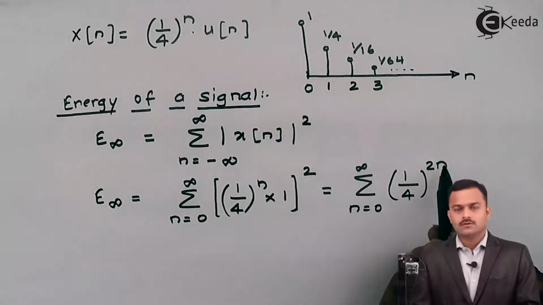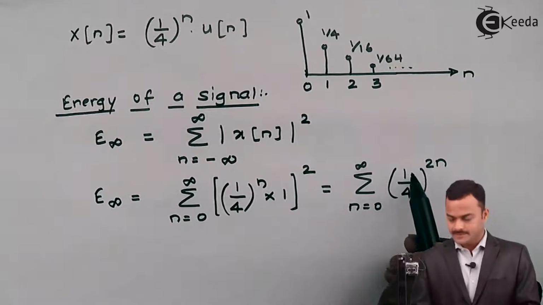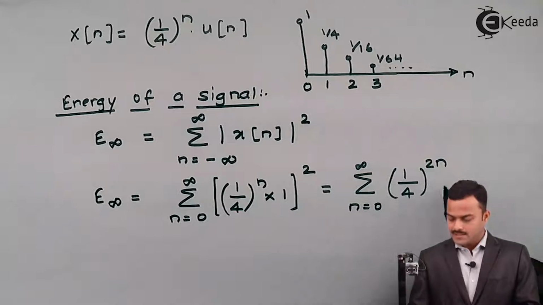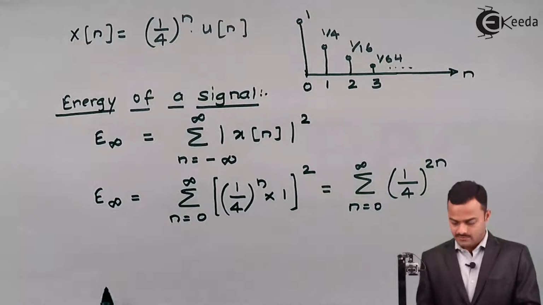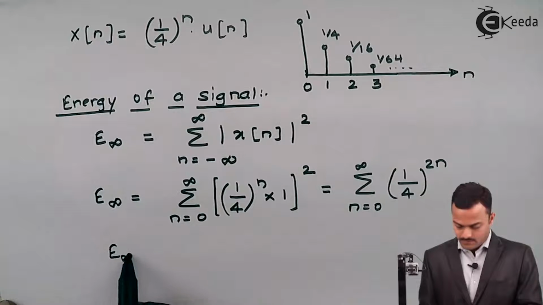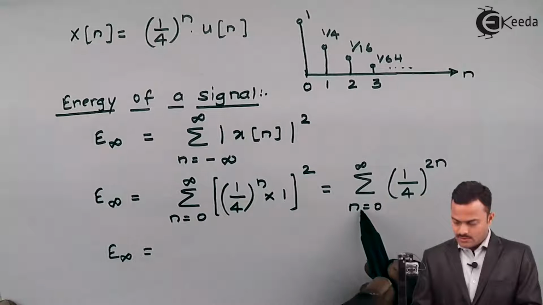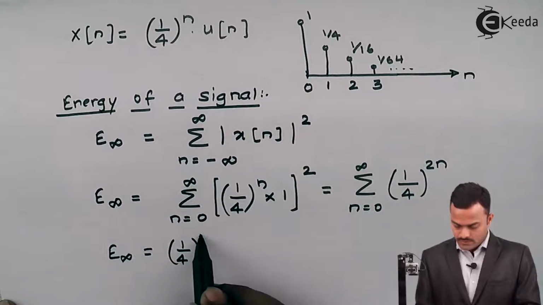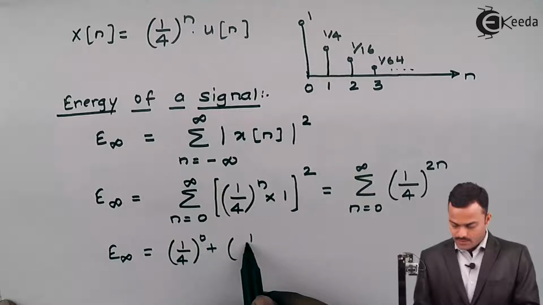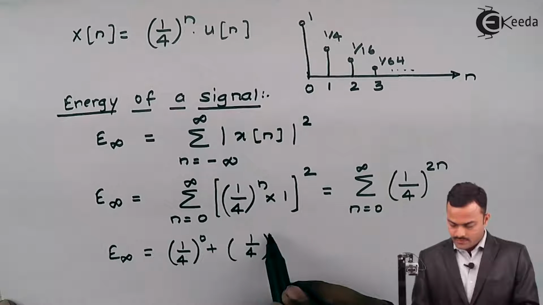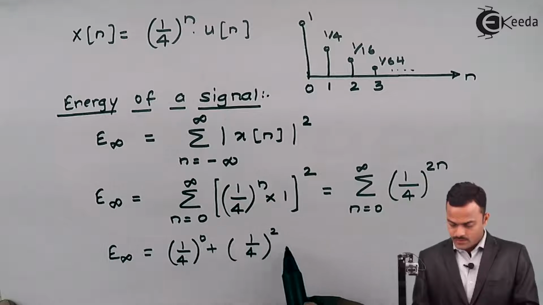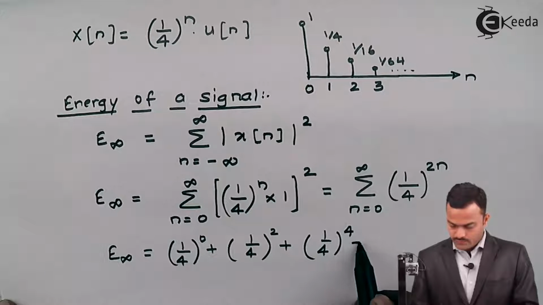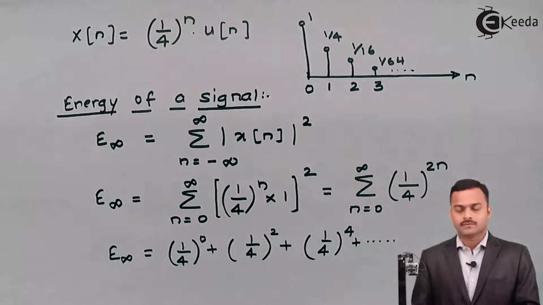Now I need to find out what this summation will give me. For that purpose, I will simply place n values over here and get a series. So E infinity I'm getting as, if I place n equal to 0, 1 by 4 raised to 0, then for 1 I have 1 by 4 square, plus 1 by 4 raised to 4, and so on and so forth.